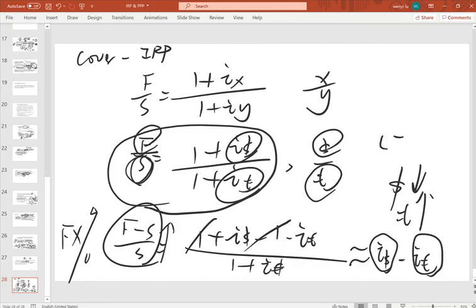So in the long term, the dollar will depreciate and the euro will appreciate if the US has a higher interest rate than the European countries. As our current interest rate parity, we can use this formula to determine whether the currency will appreciate or depreciate in the long term.